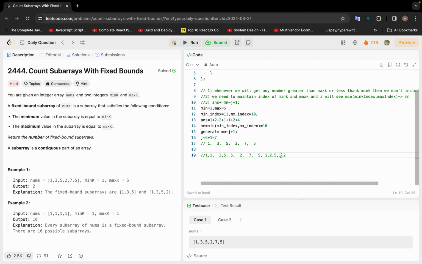So if you include 1, there can be 4 subarrays, 1 2 3, and this is 4, right? If you include 2 in this subarray, again you will find there can be 4 more subarrays, right? Because there is no change in the minimum index and this value.